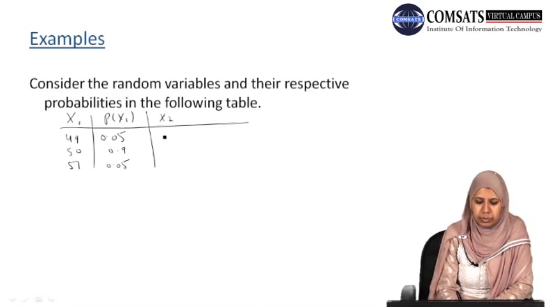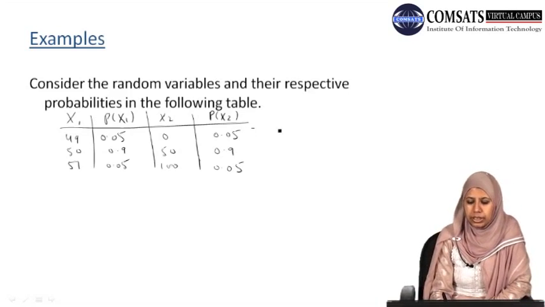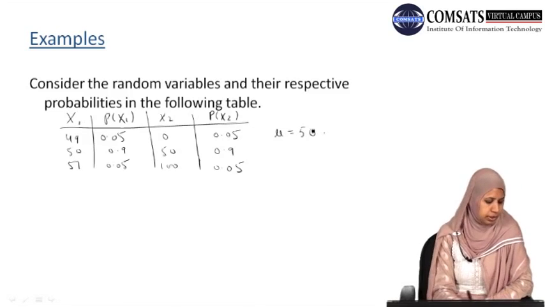The second random variable has the values 0, 50, 100 with the same probabilities as for the random variable x1, that is 0.05, 0.9, 0.05, and we know that the mean in both cases is 50.